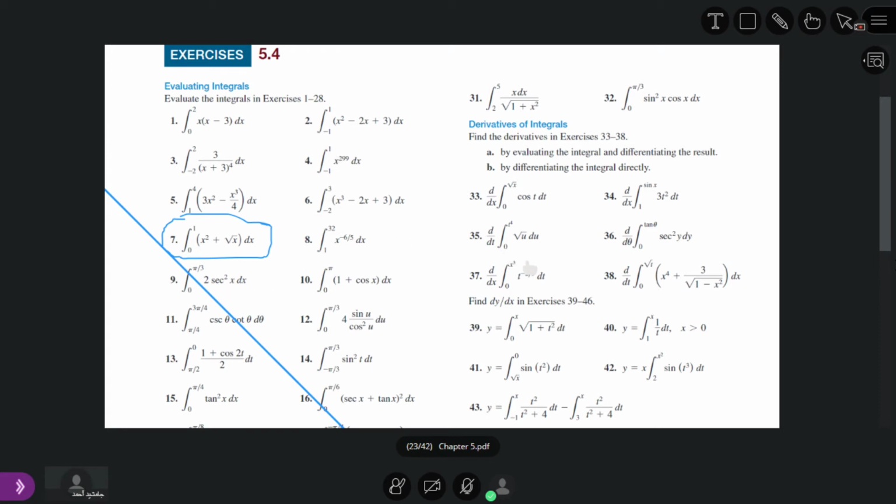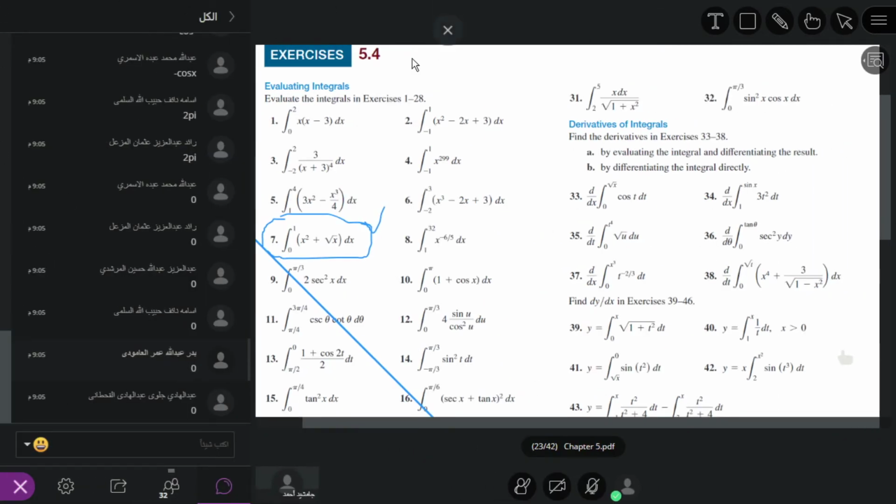Which rule will we use? In question number 7, can we solve it by the fundamental theorem of calculus 2? Student, did you get my point?